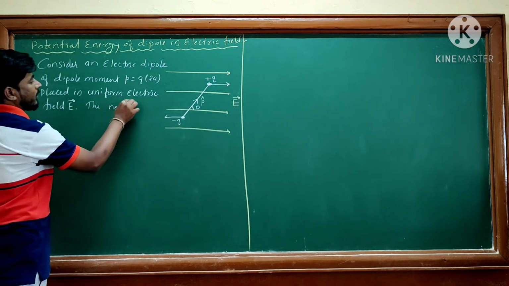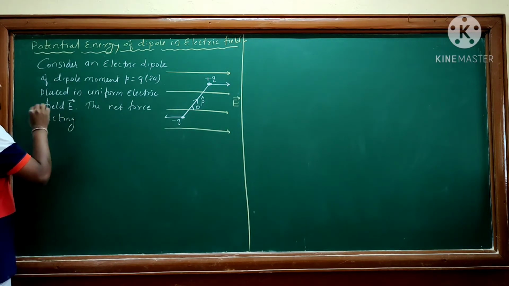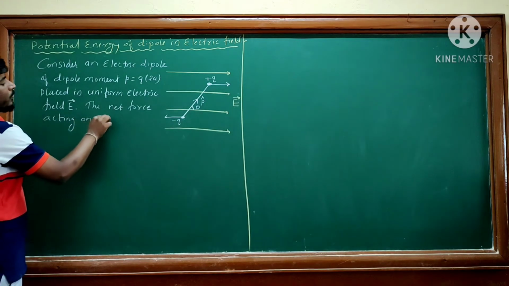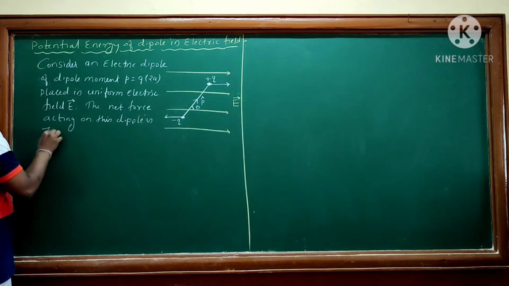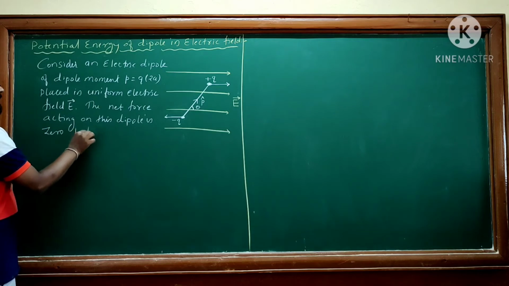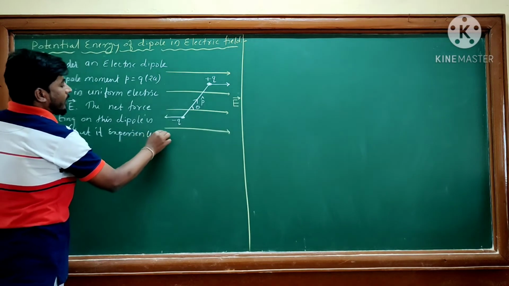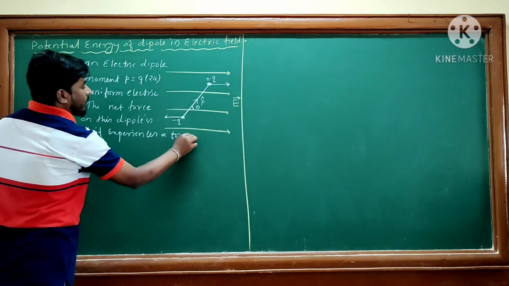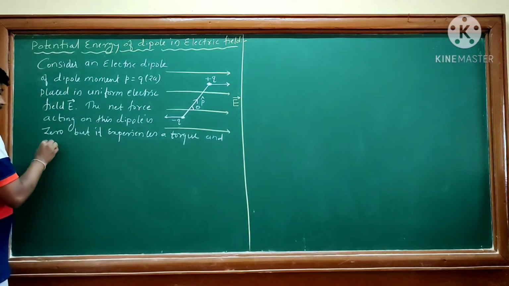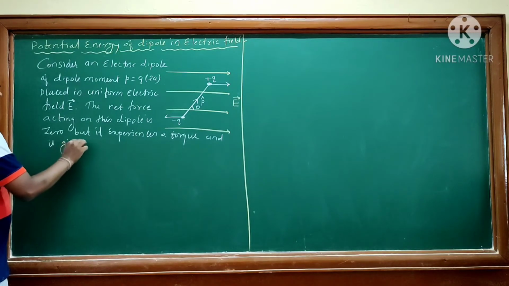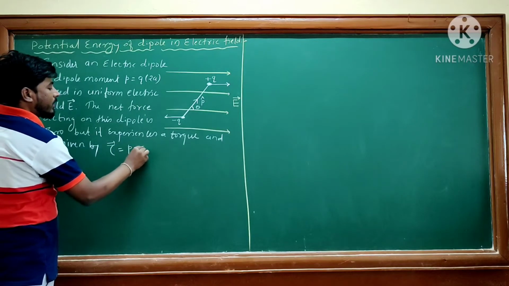The net force acting on this dipole is 0, but it experiences a torque, and it is given by tau is equal to P cross E.